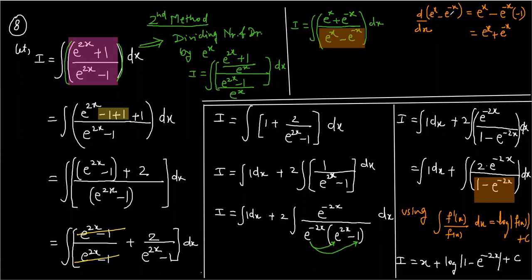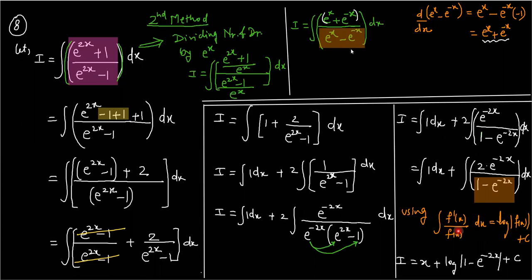So see, when you differentiate the denominator, you get this, which you notice is there in the numerator. So what do you understand? You understand that you can use the result. Which result? f dash x upon f of x, the one that you used here.